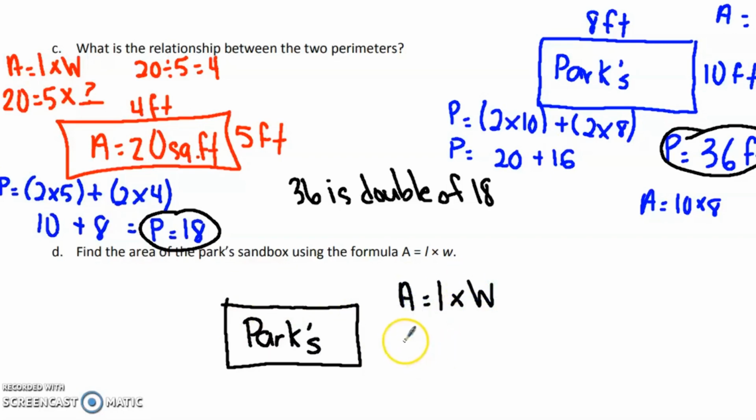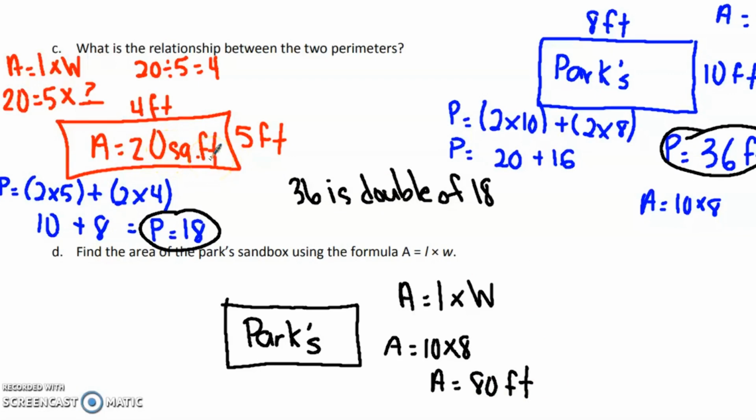So I know that I'm going to have 10 times 8. Okay, that is my area. So therefore, just like I have it earlier, the area is going to be 10 times 8, which is 80 square feet. Okay? And we also did the area of Betsy's sandbox, which was 20 square feet.